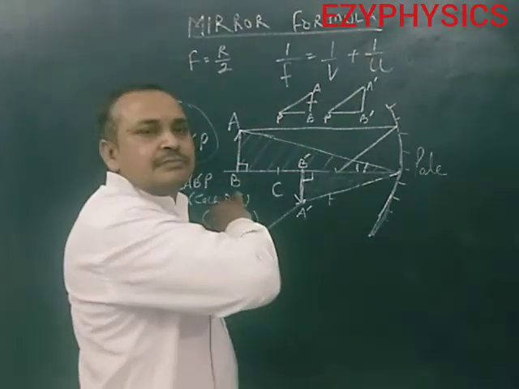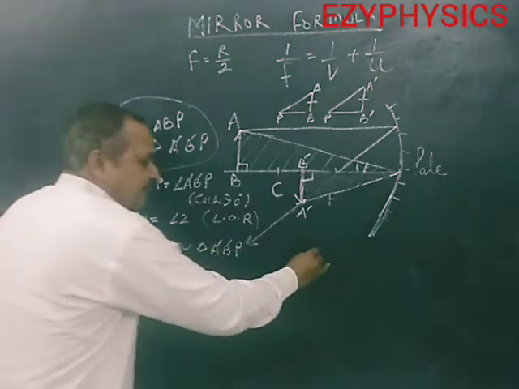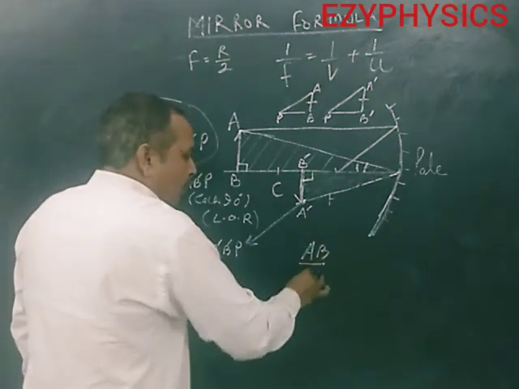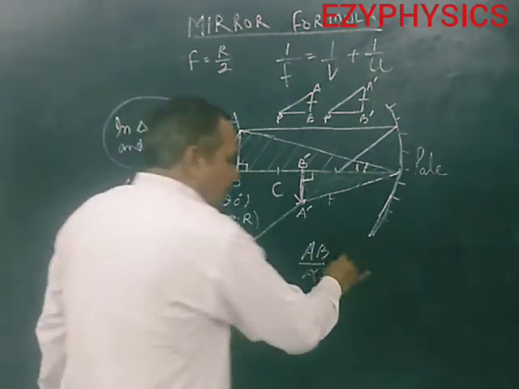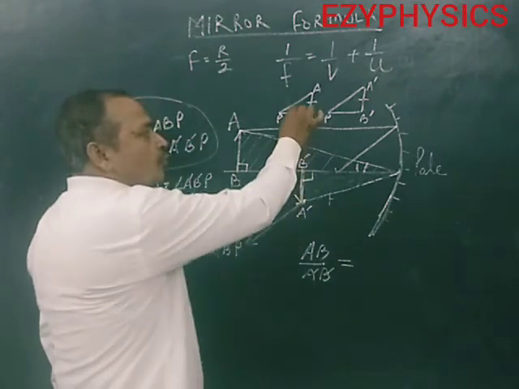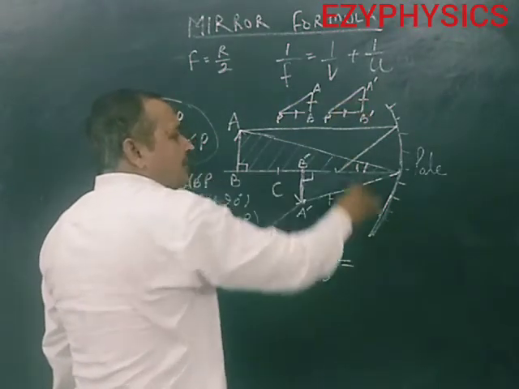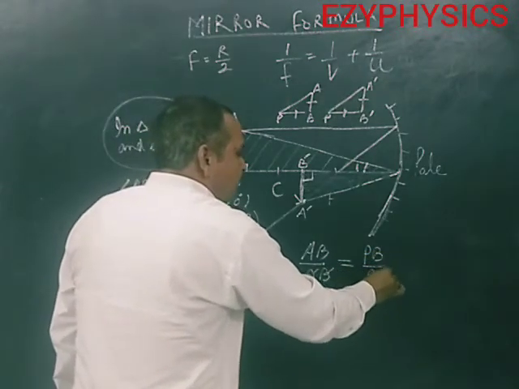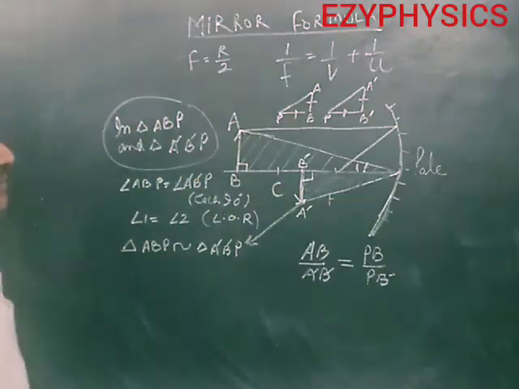AB over A'B'. That means AB over A'B' will be equal to PB over PB', is equal to PB over PB'.